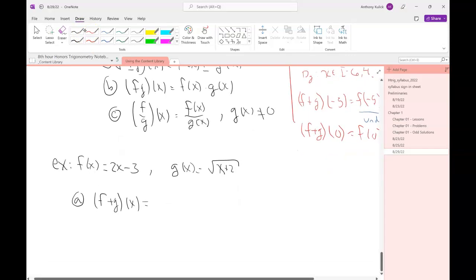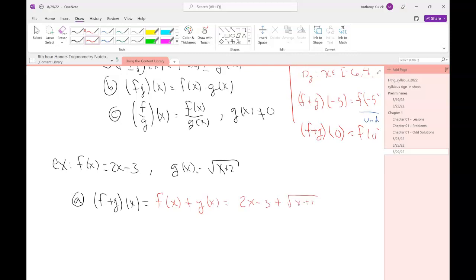Well, Mr. Kulik, this is some easy stuff. It's just f(x) plus g(x). So I have 2x minus 3 plus the square root of x plus 2. Can I combine any like terms after that? No, I'm done. Oh, Mr. Kulik. Well, I didn't say it had to be hard.